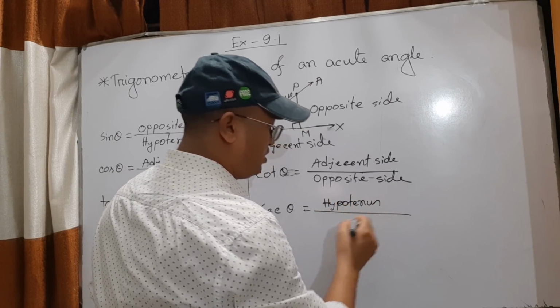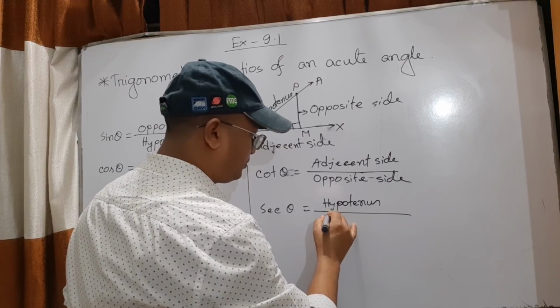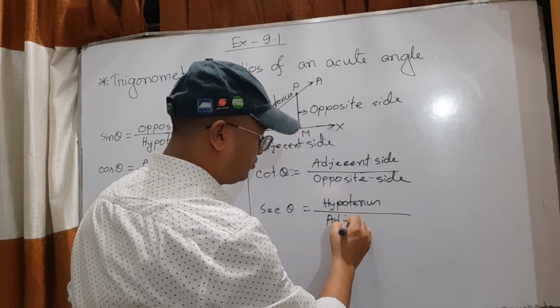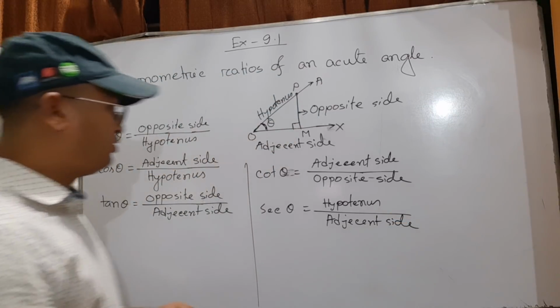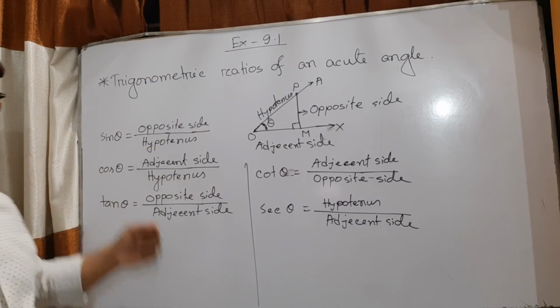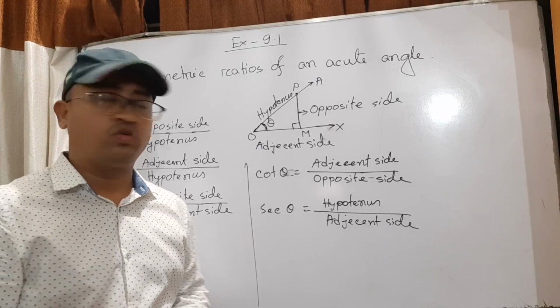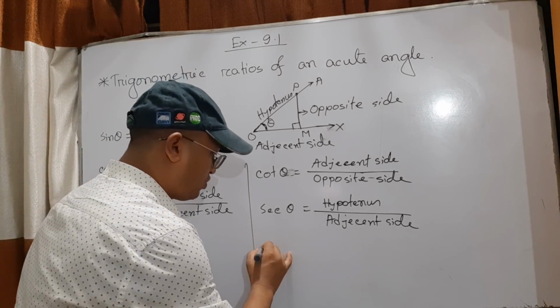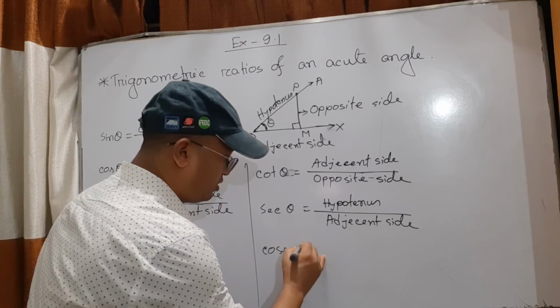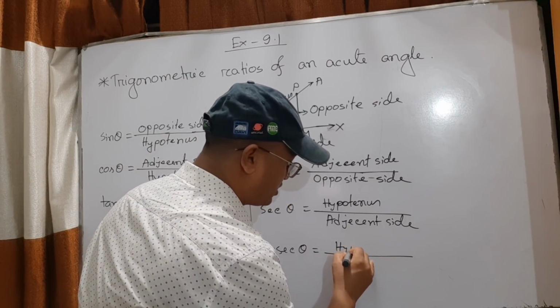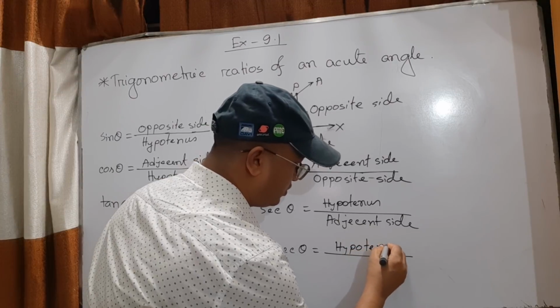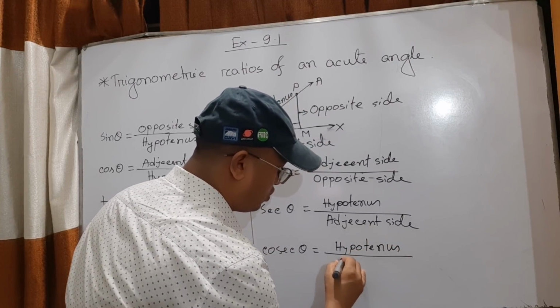Now another one, sin theta. The opposite of sin theta is cosec theta. Cosec theta equal to hypotenuse by opposite side.